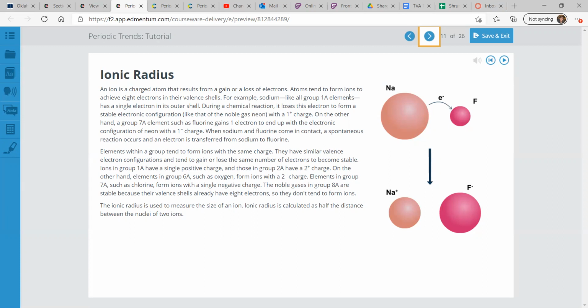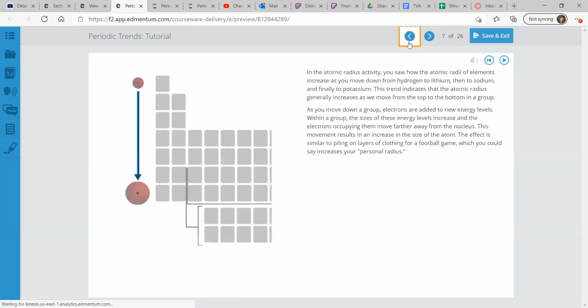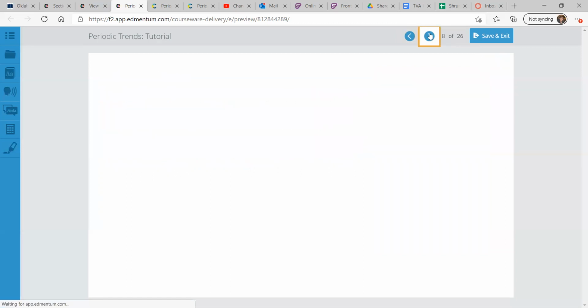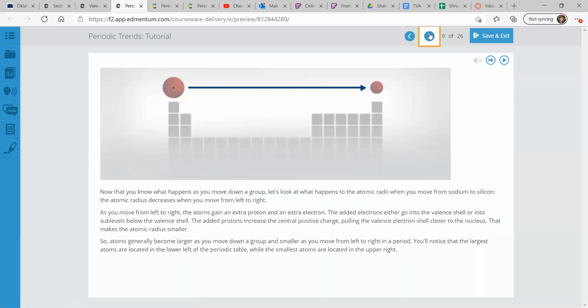So much like atomic radii is the distance between 2 atoms, between the nucleus of one atom and the nucleus of another in a diatomic compound, the same way they have 2 nuclei of a diatomic molecule and then divide the distance by 2. They do that, but this time it's between ions.